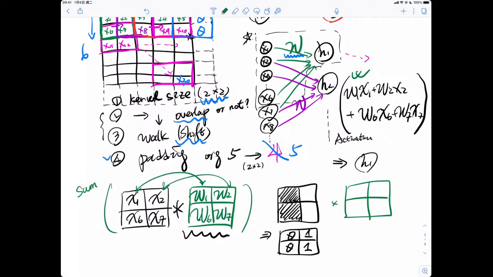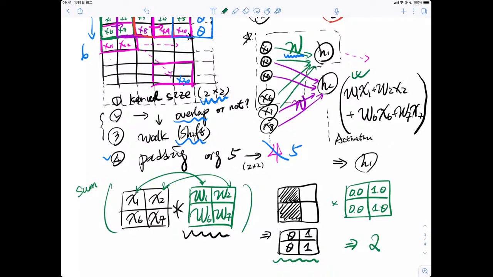If the weight is like this, 0.0, 0.0, 1.0, 1.0, and the image is black and white, with left top and left bottom black, right top and right bottom white, and your weight looks like this, when you multiply, the result will be 2.